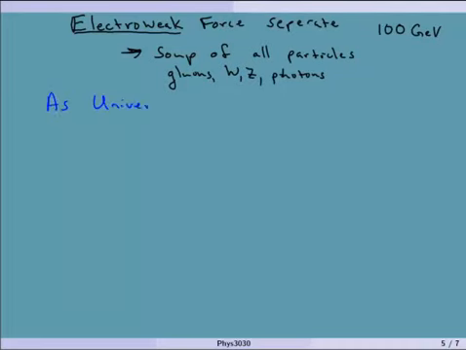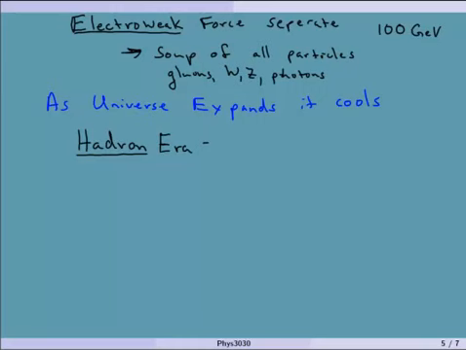As the universe expands, it cools. Okay, and so the next stage is called the Hadron era. Now, if you remember from before, I might have implied it before, hadrons are the things that are made up of three quarks, like protons and neutrons and other more exotic ones.